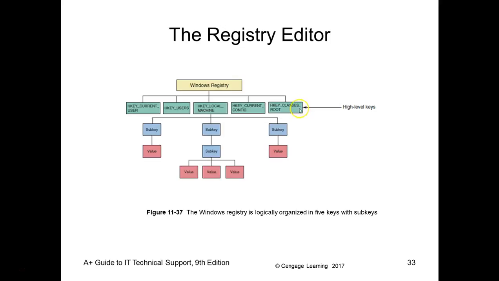And then finally, HKey classes root is the location that ties all the file extensions to the program each is associated with. This is where .doc is associated with Microsoft Word, and .pdf is associated with Adobe, that kind of stuff.